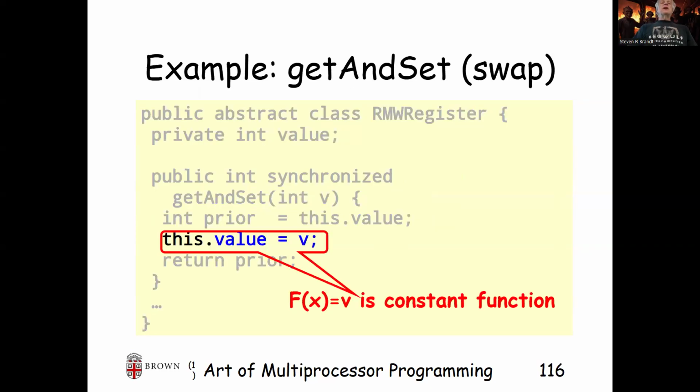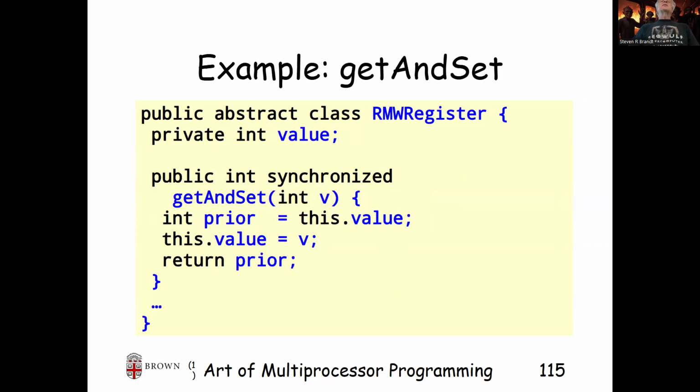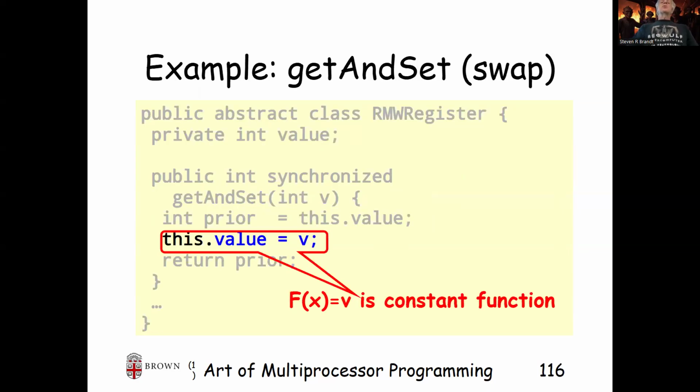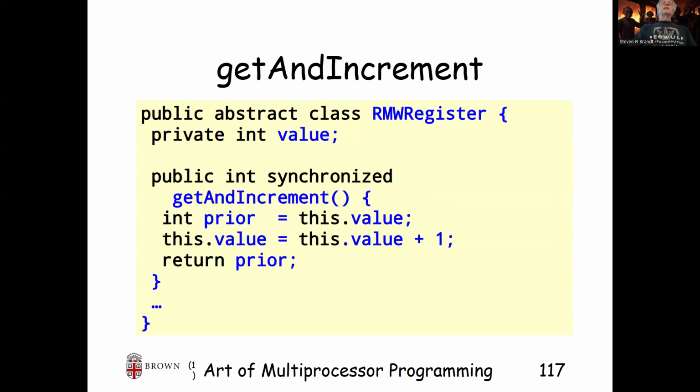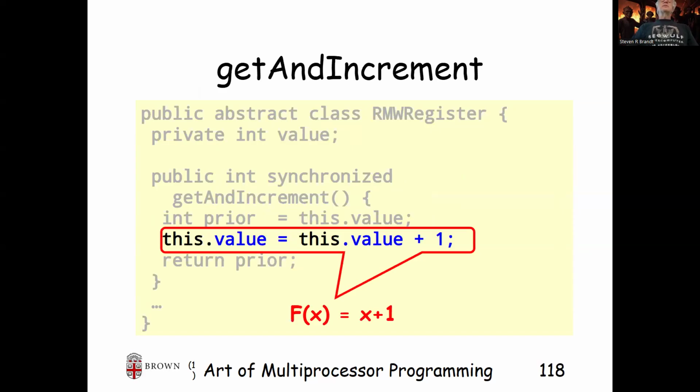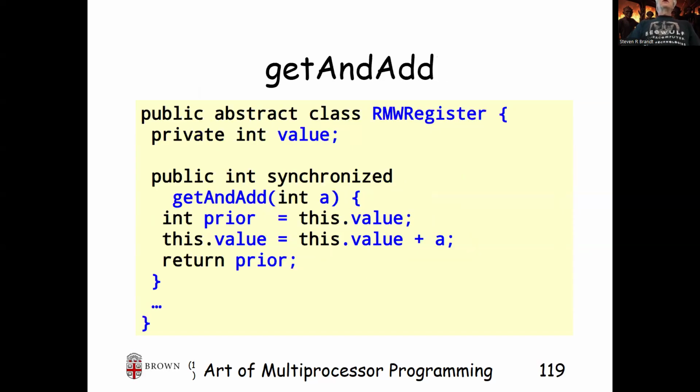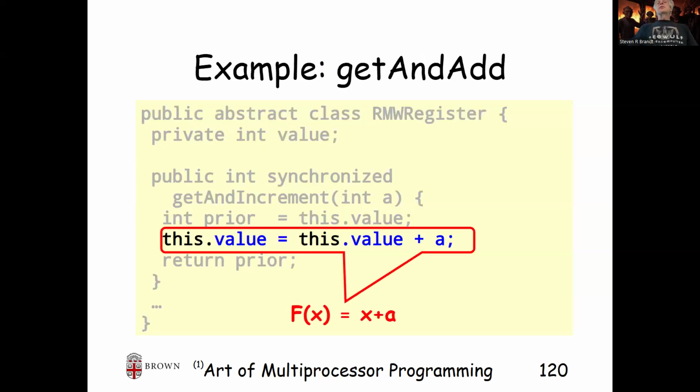And then we're going to have a get and set. A get and set is going to put a new value in and return the old value, but it's going to do it atomically. Then we have a get and increment, where we have the prior value, but this time this dot value is going to be value plus 1. We have get and add, which is like get and increment, except we're adding something other than 1.